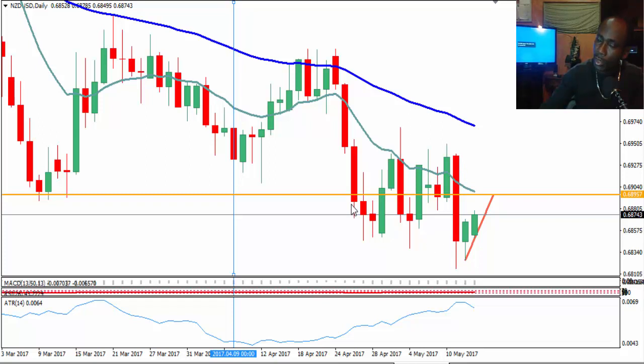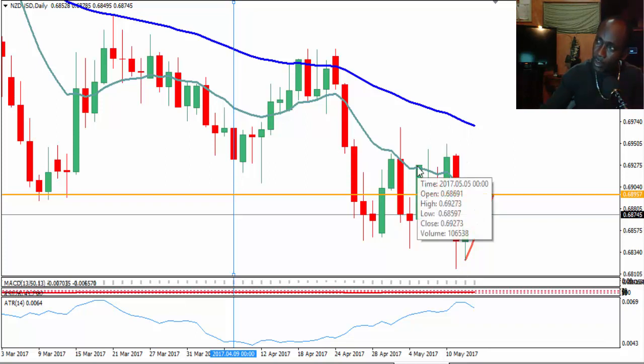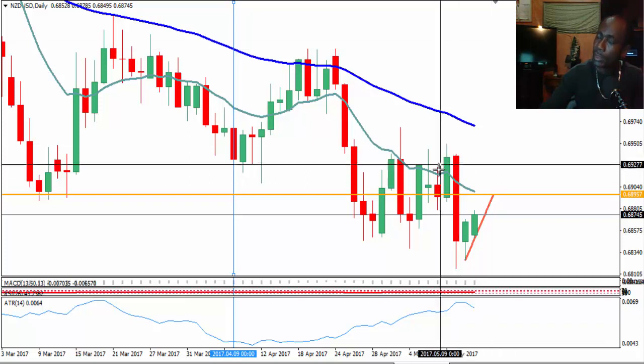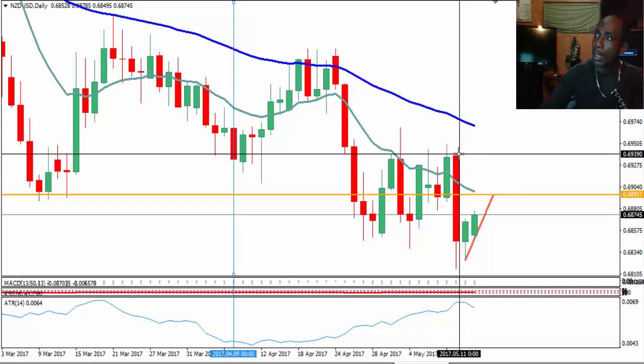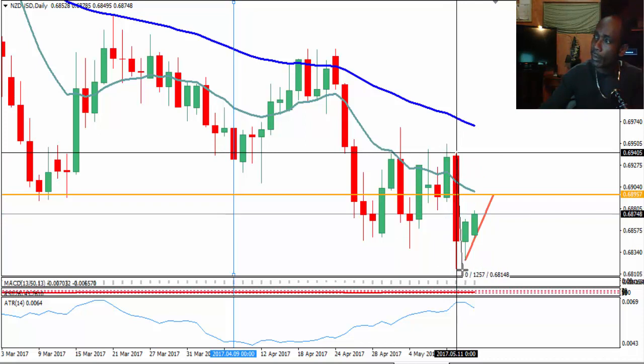So right here, as we are looking at this chart, looking back at these 14 bars here, we can clearly see which one was the biggest bar. And we can see that this bar here was the biggest one out of all of them. If this candle opens and closes down here, we want to measure that candle right away to see what amount of move we got from that bar.